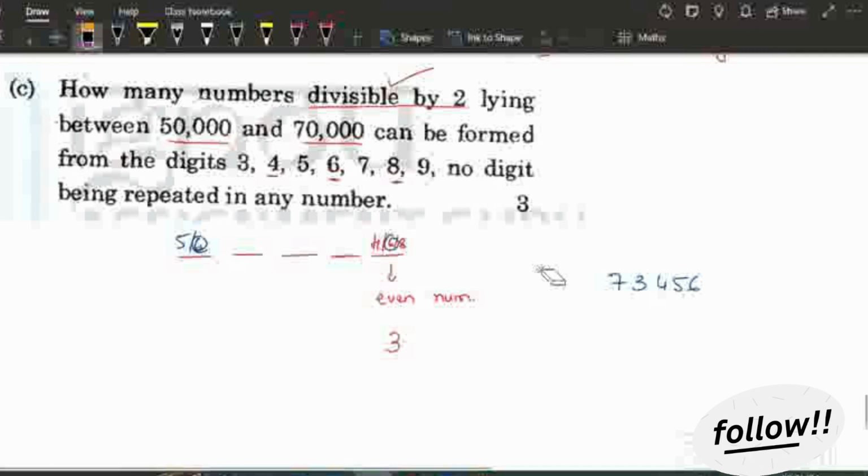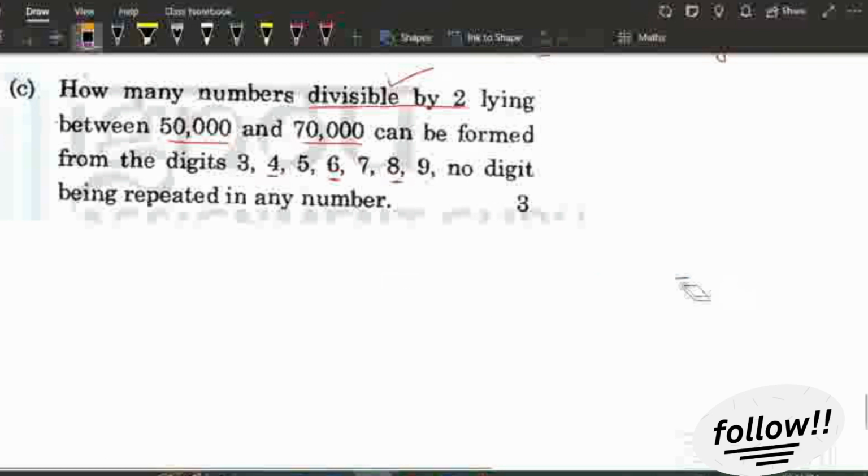Hope you have understood the explanation so far. So we will consider numbers ending with 6 and numbers not ending with 6, because if the number has to be between 50,000 and 70,000, then the first digit must be 5 or 6 only in this given range.